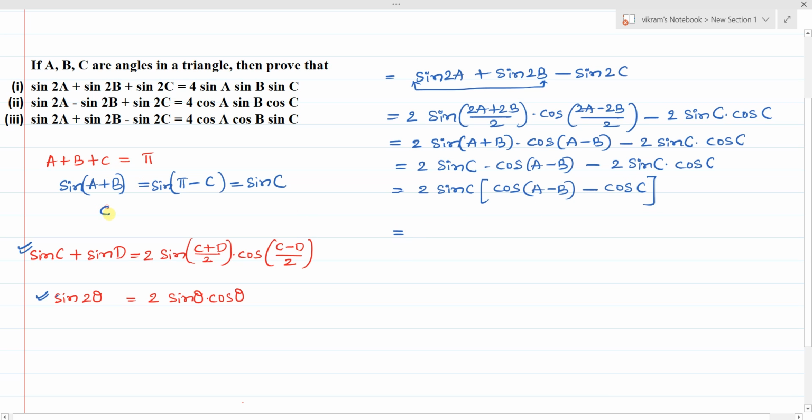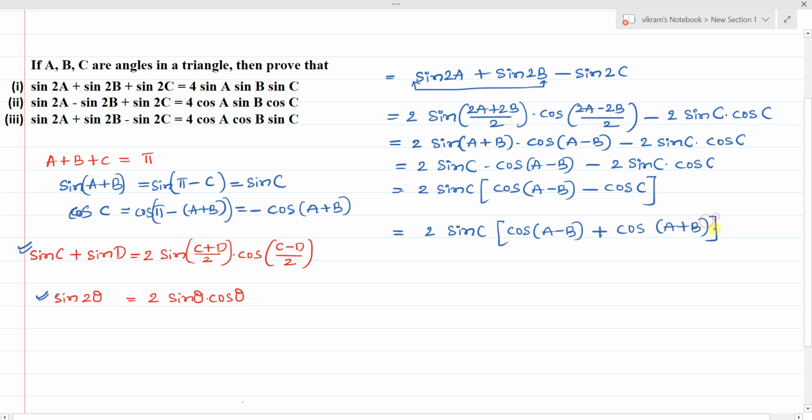We can write angle C is equal to pi minus of (A plus B). If we apply the cosine over here, cos of (180 minus theta) is in the second quadrant, so it is minus cos theta, then minus of cos of (A plus B). Now we can write this as 2 sin C into cos of (A minus B) minus cos C, and minus into minus will become plus cos of (A plus B).